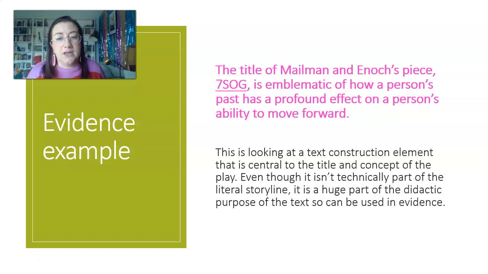Okay, so I'm going to use the title of the text as my evidence. Can I do that? Of course. It is evidence. Is it a little unconventional? Sure. Does it mean it's bad? No.